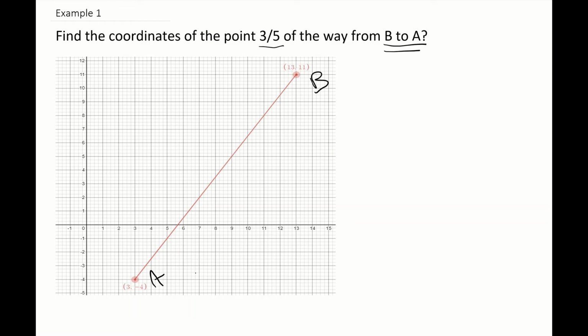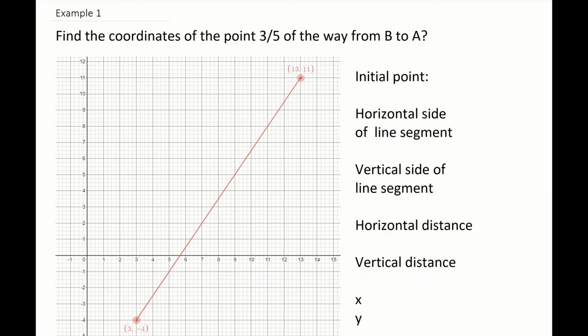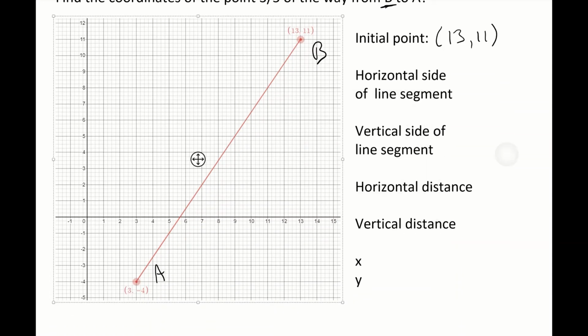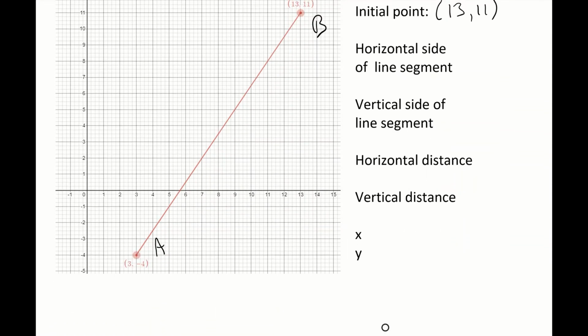Because we're going from B to A, my initial point changes. Let's label this B, and let's label this A. My initial point is not going to be A, it's going to be B, so it's 13, 11. That's my initial point. Now we're going to do the same thing we've done before. We're going to find the horizontal side of the line segment and the vertical side.